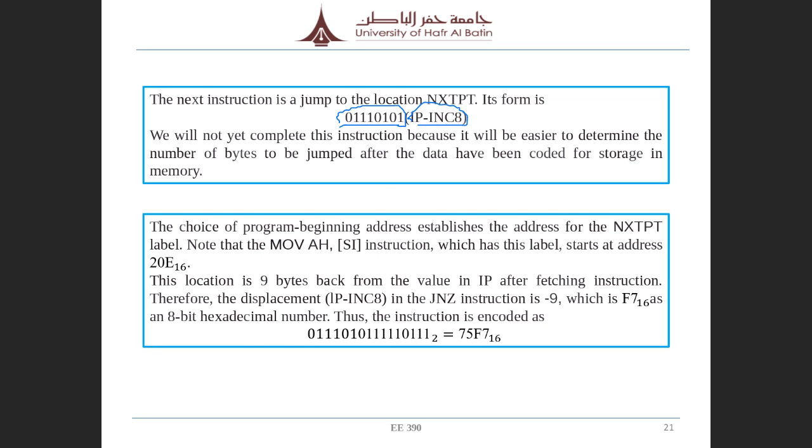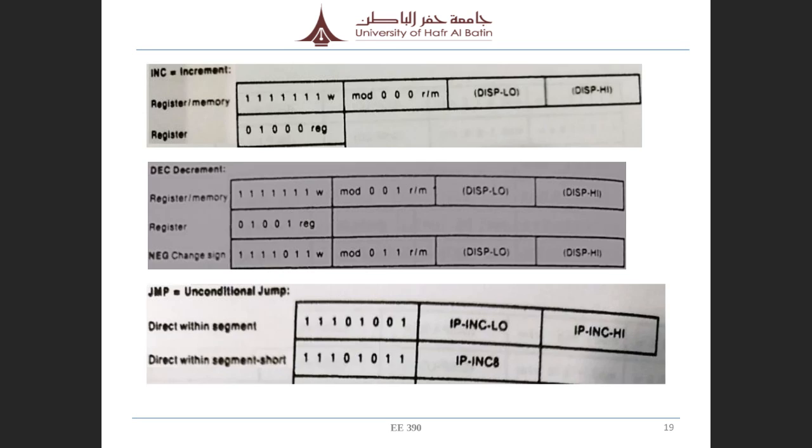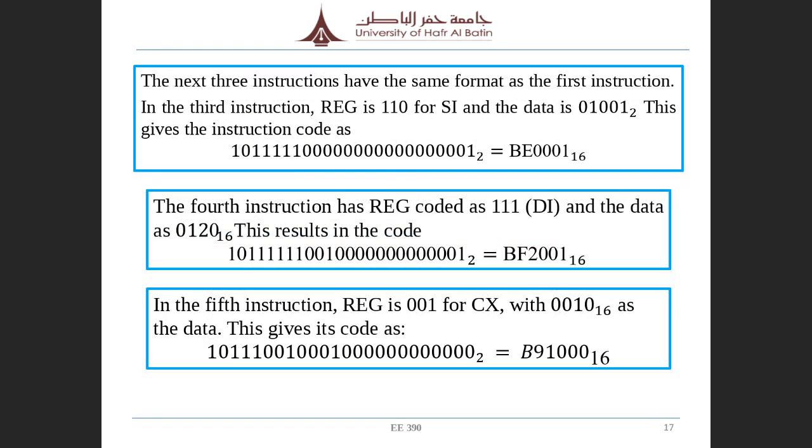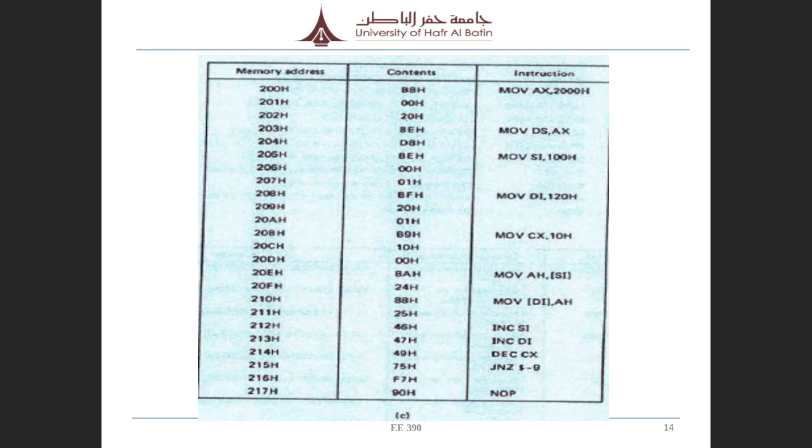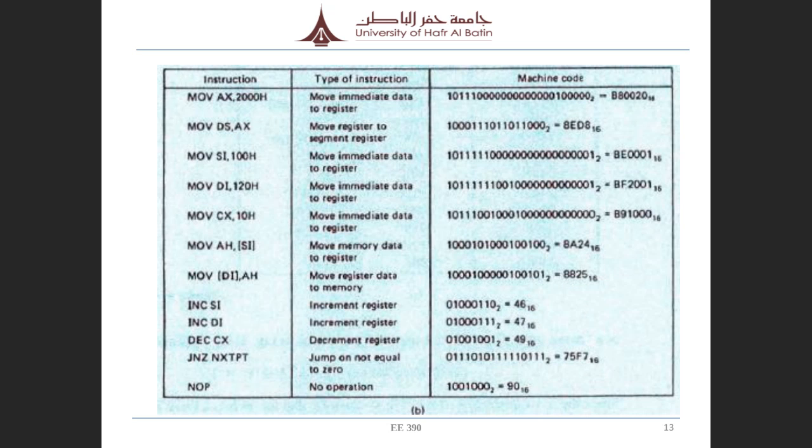Let us go back here. In this memory orientation, you can just write the binary format here, like move AX comma 2000h. What is the machine code for this one? It is B80020. Then what is the move DS comma AX? The machine code for this one is this one.